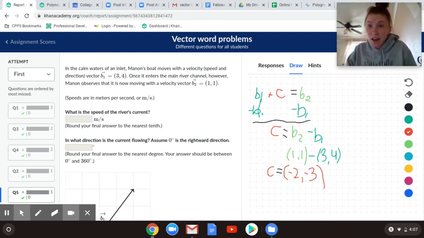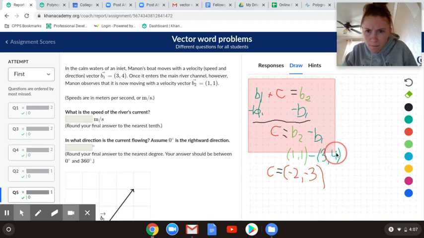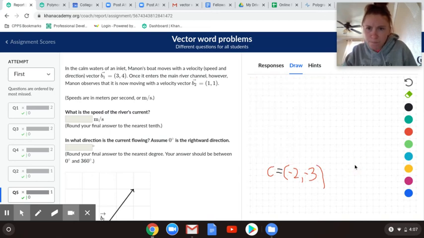And you guys are awesome now at finding the speed of that vector and finding the direction of that vector, but I'll go ahead and do that real fast. Okay, so this is my vector. I just need to find the speed of that vector, which is the magnitude, and the direction, which is the angle. So my speed, I just need to find the magnitude of C.